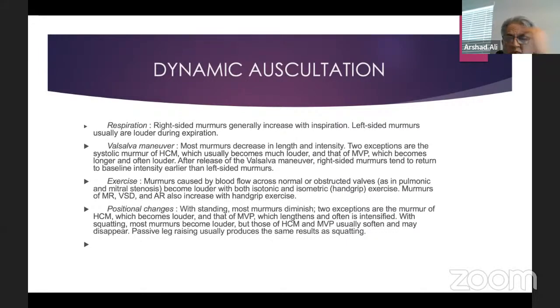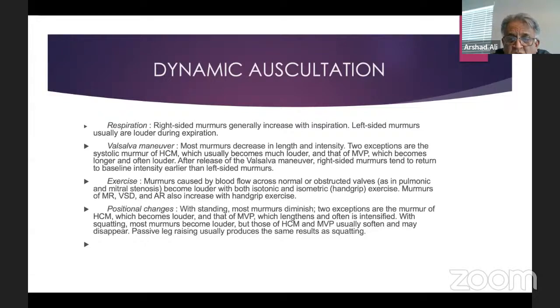Valsalva maneuver will decrease the length and intensity of most murmurs, the two exceptions being hypertrophic cardiomyopathy and mitral valve prolapse. And in the recovery phase of Valsalva, the right-sided murmurs tend to return to baseline earlier than the left-sided murmurs.